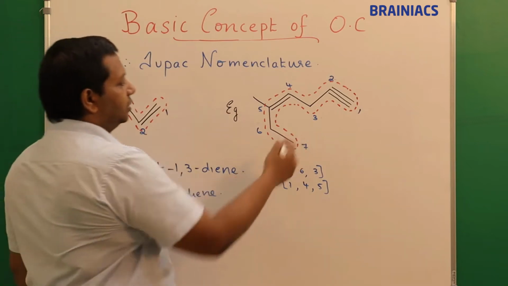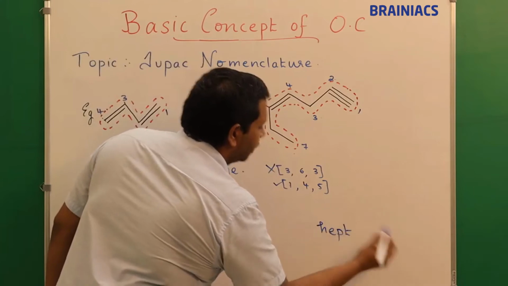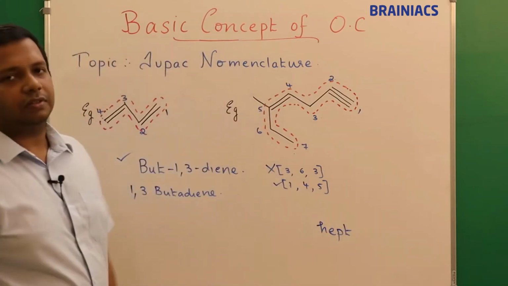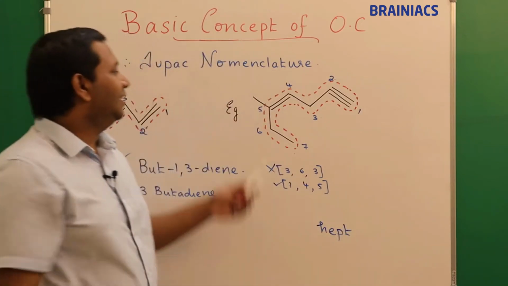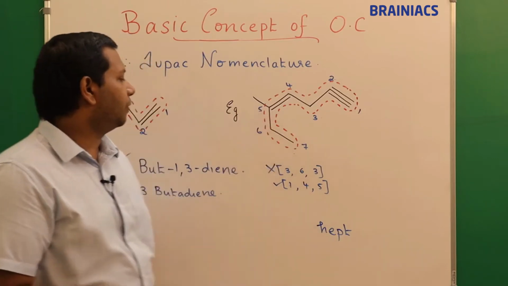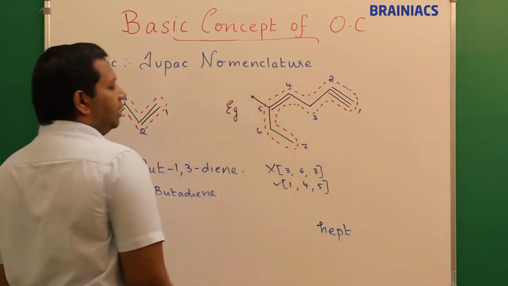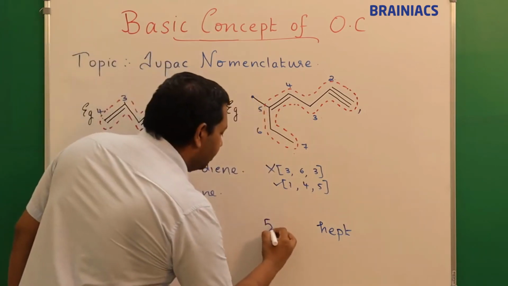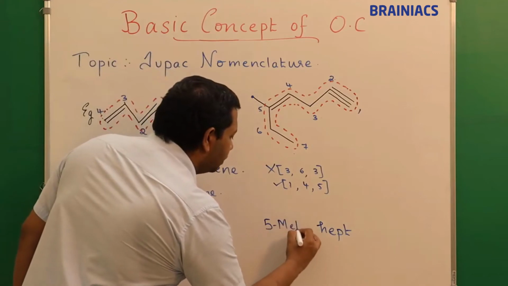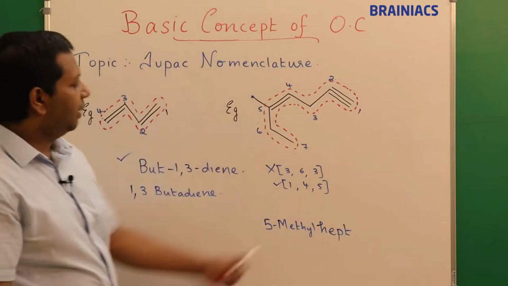Now naming. Tell me, the parent carbon chain has 7 carbon atoms, so I use the term hept. Correct? There is no primary suffix since it is not a cyclo compound. The secondary prefix is there. The substituent is at position 5, one methyl, so it is 5-methyl. Correct? 5-methylhept.